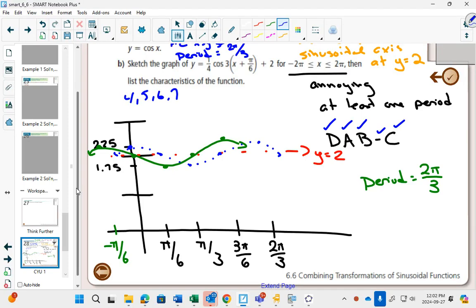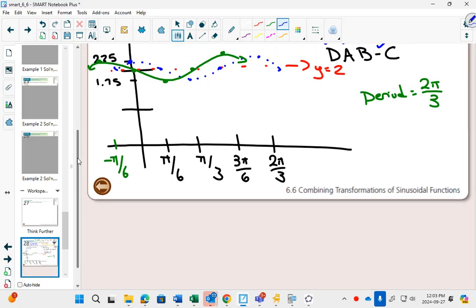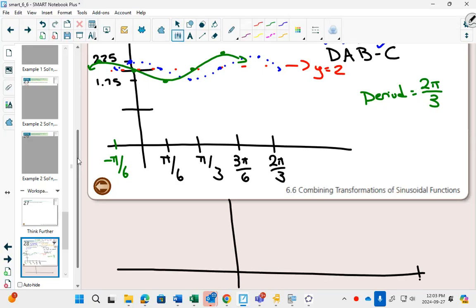And I'll show you what would be annoying with what they wanted. They want to go to 2 pi and all the way back to negative 2 pi. Okay? 2 pi over 3 that we did is this divided in 3.